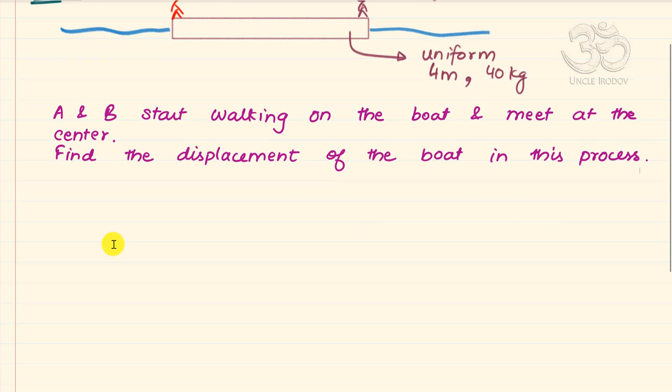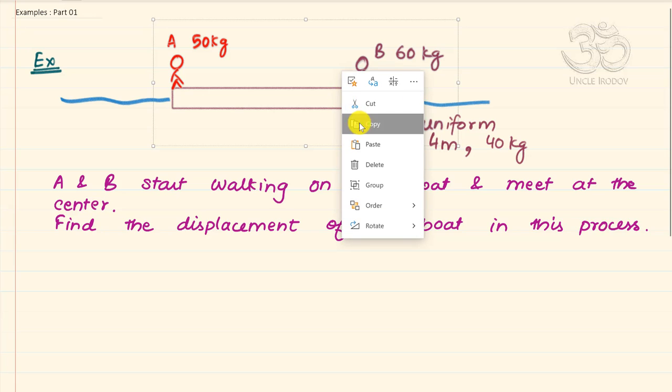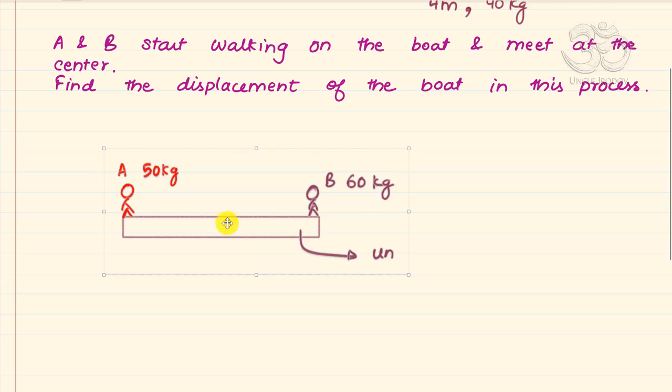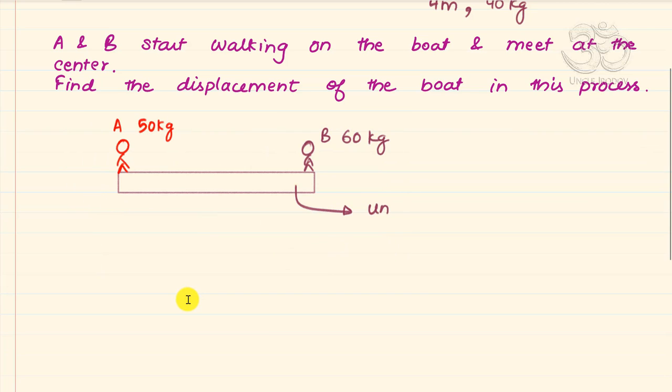So for the solution, what I'm going to do is take this figure and take A plus B plus boat as the system. So my system is defined as A plus B plus boat.